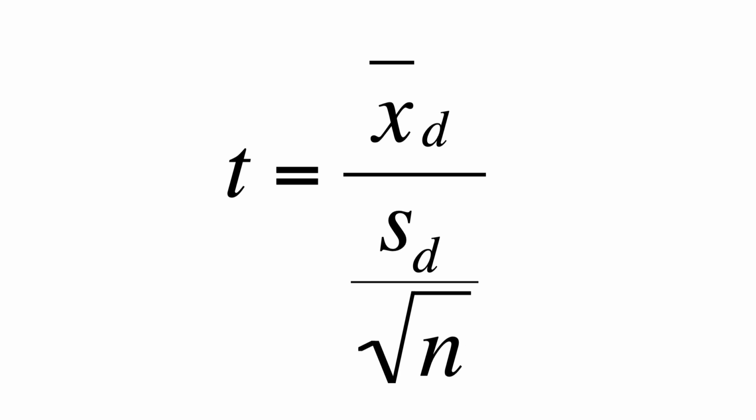It does. You know what the minus is? Minus 0. We expect there to be no difference. So it will be x bar sub d minus 0. We just take the minus 0 off, because why should we leave that there? But it's understood to be there. So it's the same formula again.